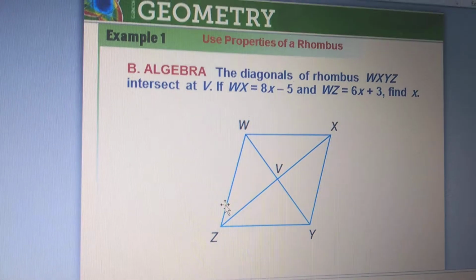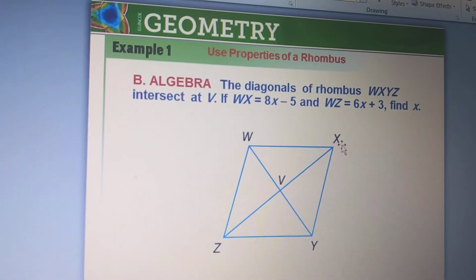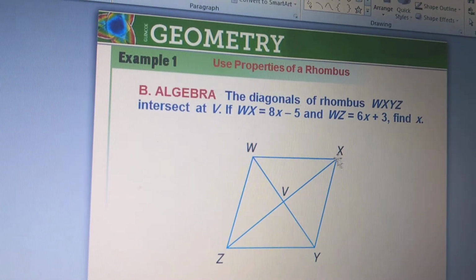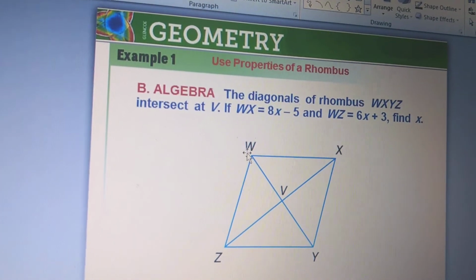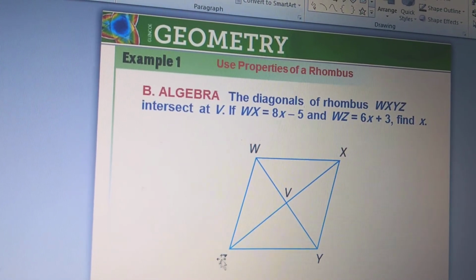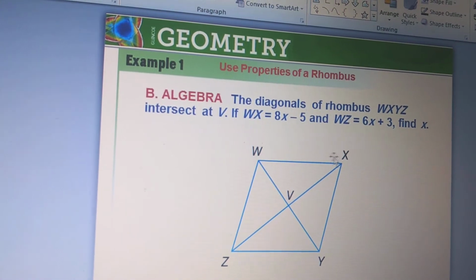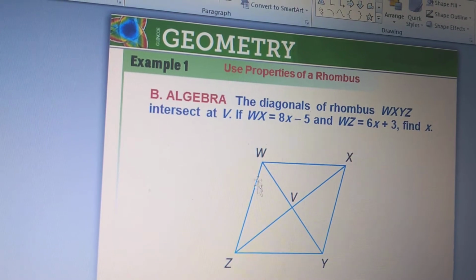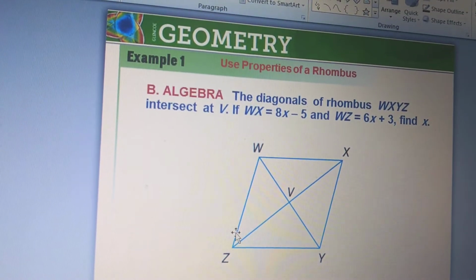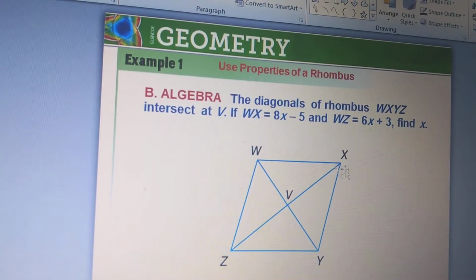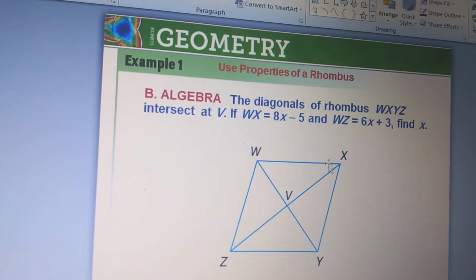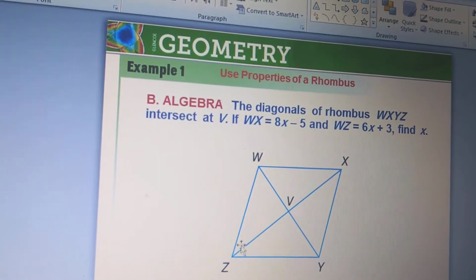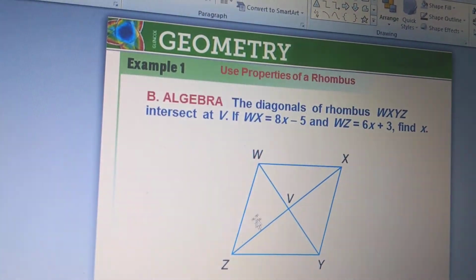A rhombus is like a square. The four sides are equal. Or if you don't want to use these properties, triangle WXZ, this one, is an isosceles triangle. Why an isosceles triangle? Because angle WXZ, this one, and angle WZX, this one, are congruent.